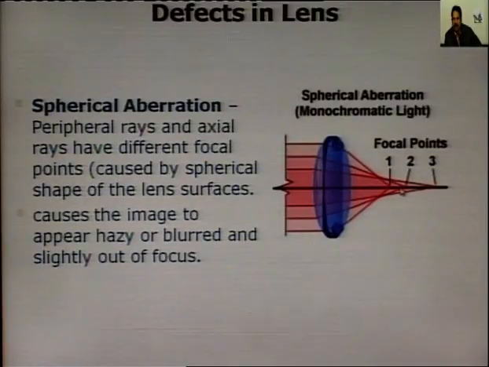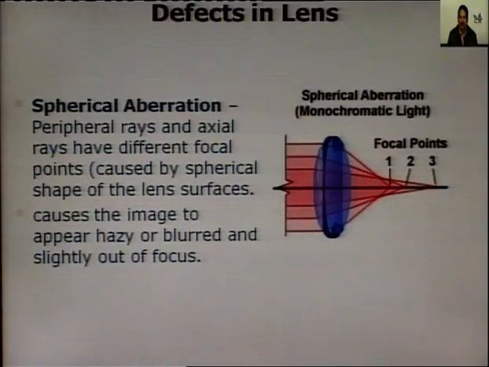So they will be brought to focus at different points. They will meet at different points. So, instead of one image being formed for one object, we will have different images formed. So, peripheral rays and axial rays having different focal points caused by the spherical shape of the lens surfaces cause the image to appear hazy or blurred and slightly out of focus.